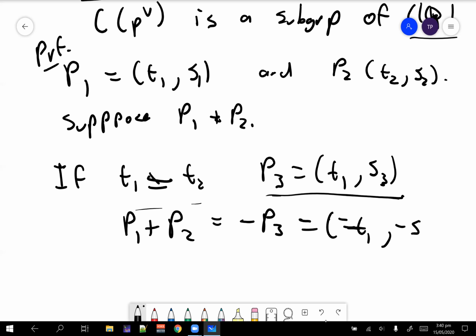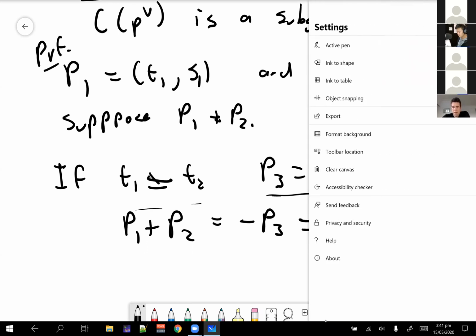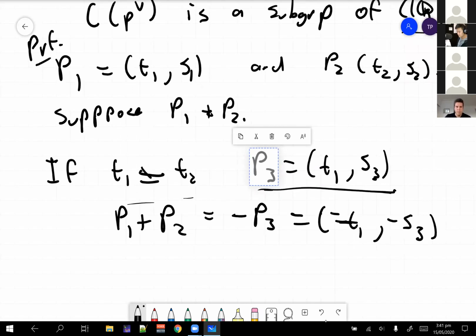negative t1, minus s3. It will be the thing here, and okay, yep.